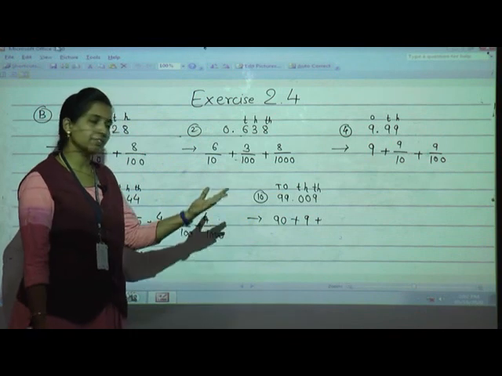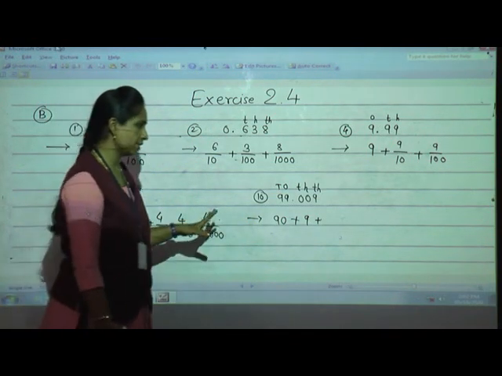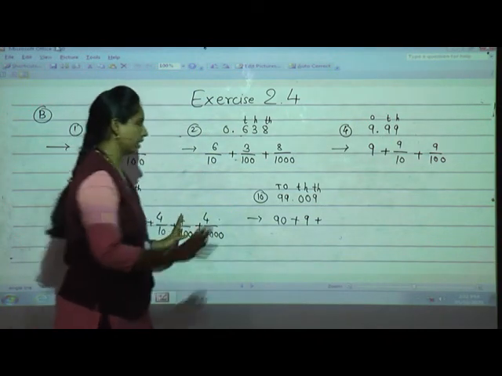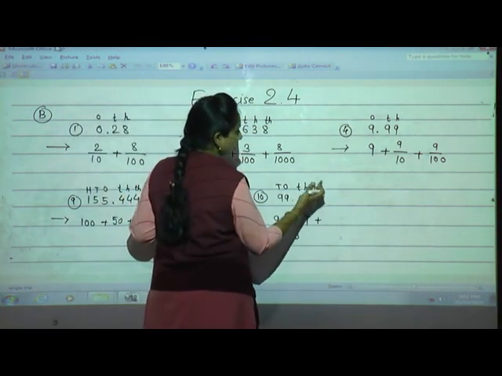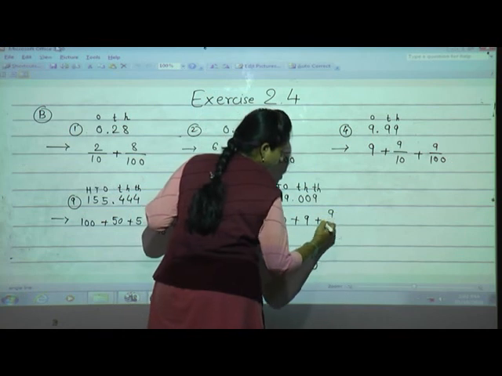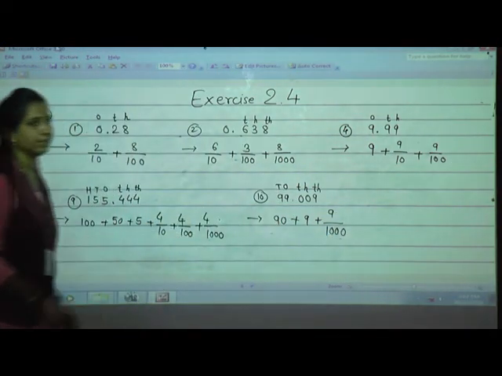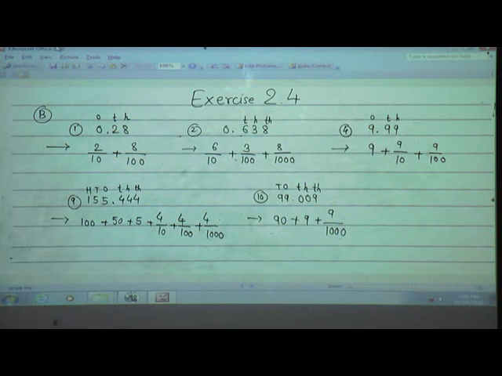If we write, we don't write. There is no value of 0. So we will skip. 0 hundredths, no need to write. Then directly 9 thousandths. So write 9 upon 1000. Are you getting? Clear till here?